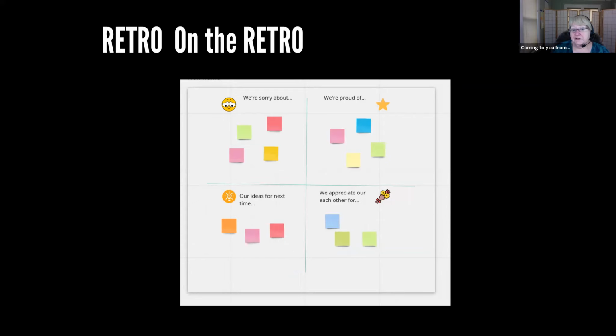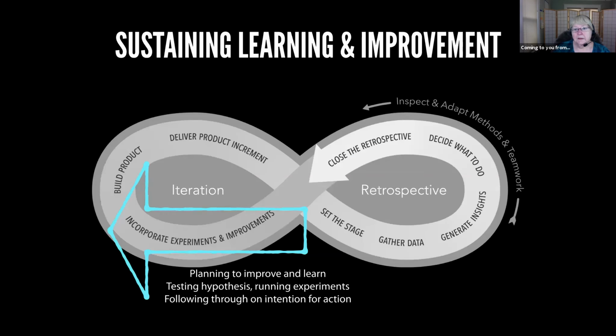And do we have appreciations for each other for how we interacted in our retrospective? The first one, the ROTI, tends to focus most on how the retrospective facilitator can improve. This one focuses more on how the whole team regards how they worked together on the retrospective.